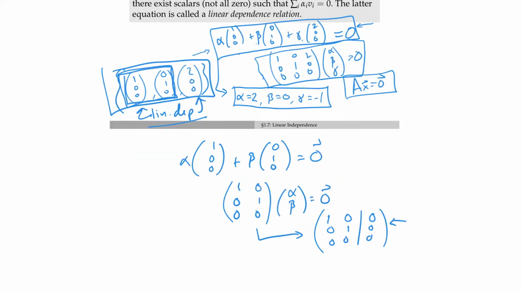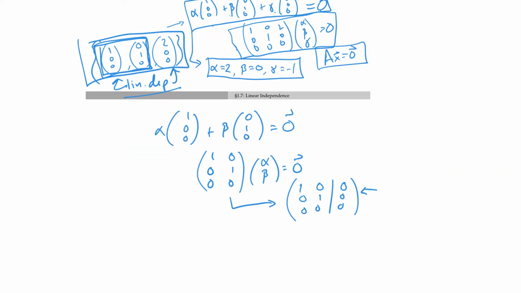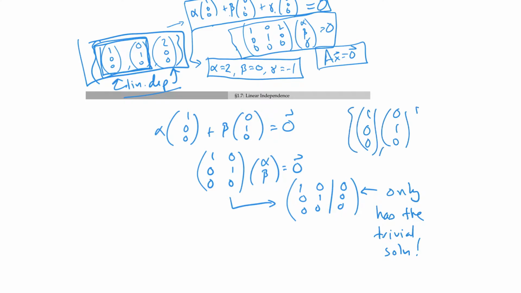It is in reduced echelon form. How many free variables do I have? Well, I have none. And therefore what? That means it only has the trivial solution. Therefore, the set 1, 0, 0 and 0, 1, 0 is linearly independent.